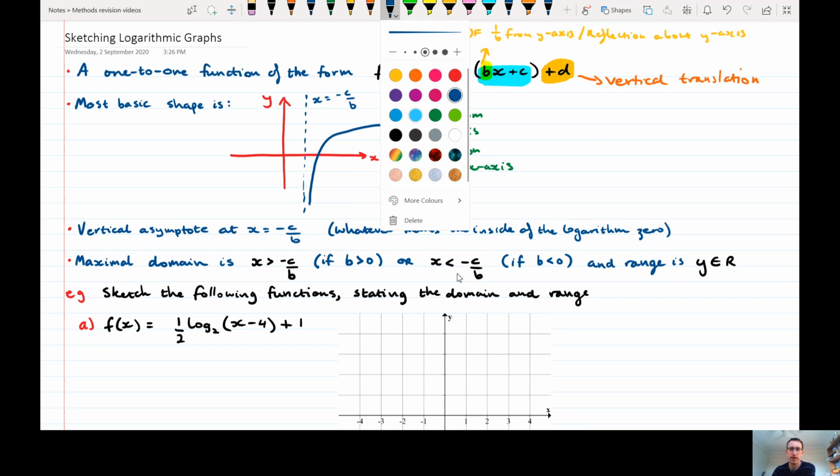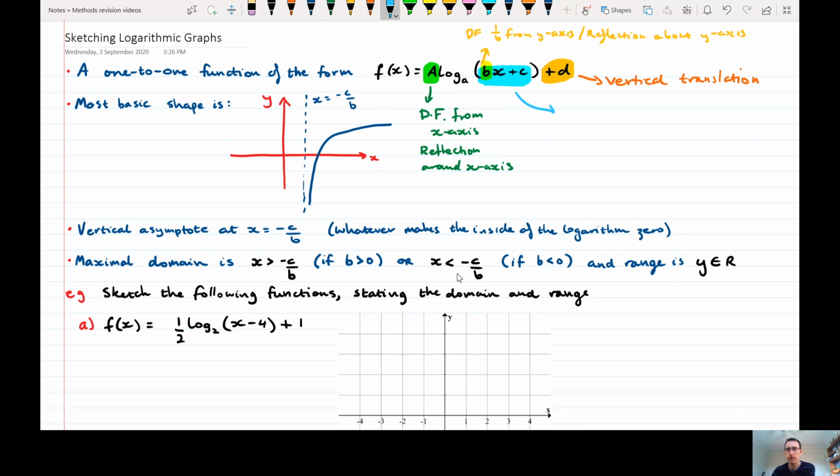This bx plus c, if we solve it equal to 0, that will give us the horizontal translation. And it will also give me the vertical asymptote. So whatever makes the inside of the logarithm 0, that is your vertical asymptote.